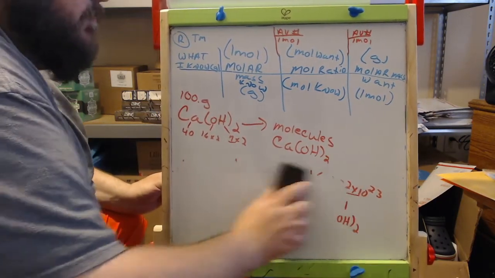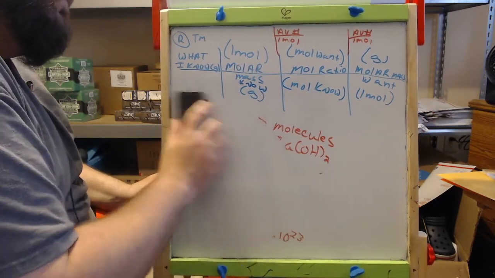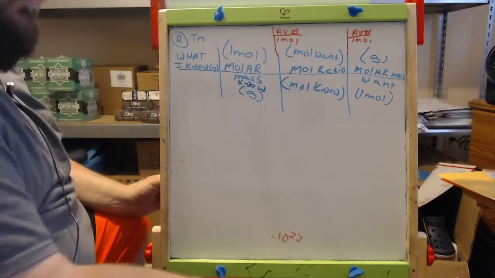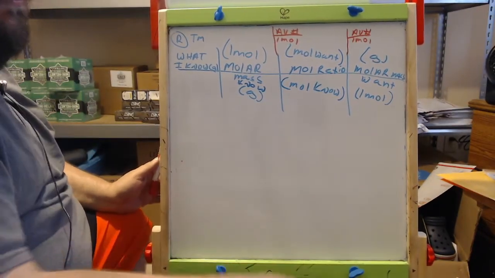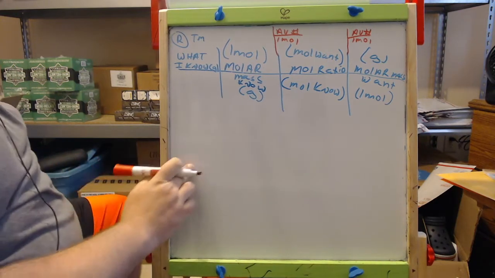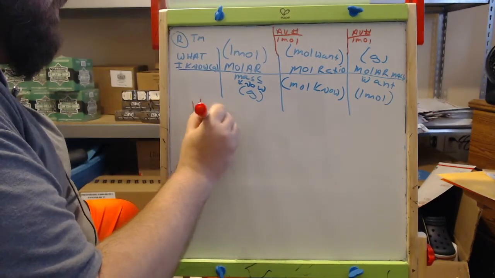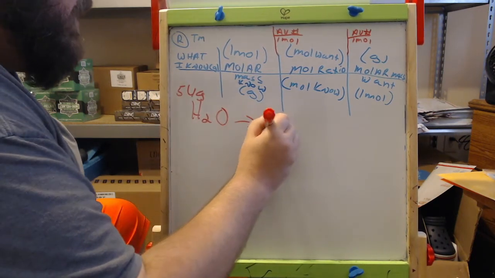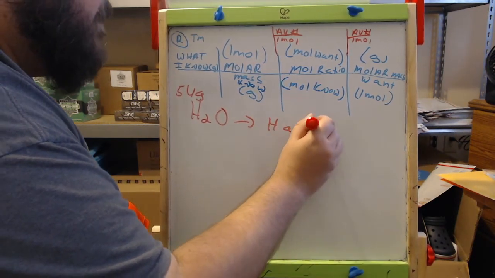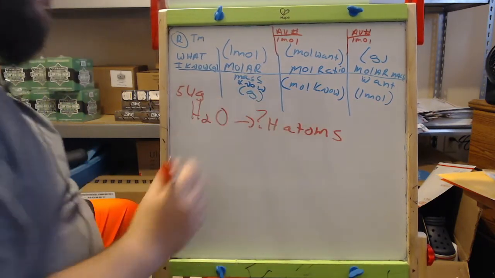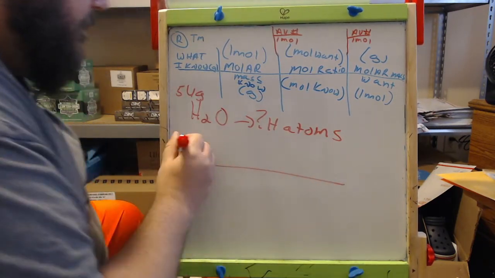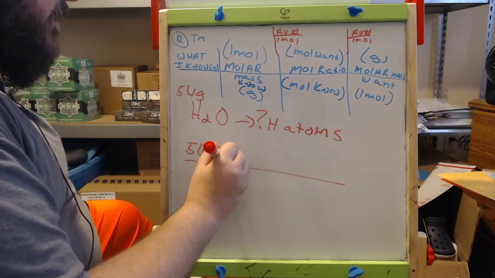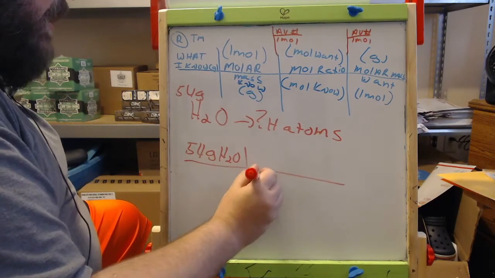Let's do another one. We'll go back to water real quick. They give you 54 grams of water, and they want to know how many hydrogen atoms are present. Well, I can't do anything with grams except get it to moles, so I'll do that.